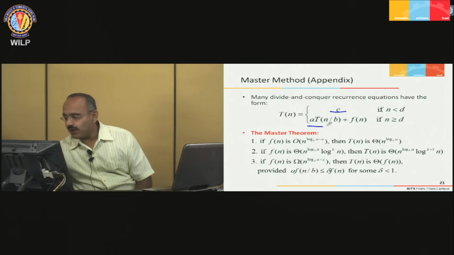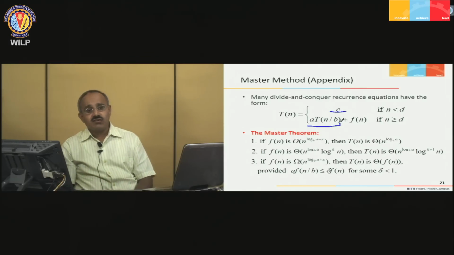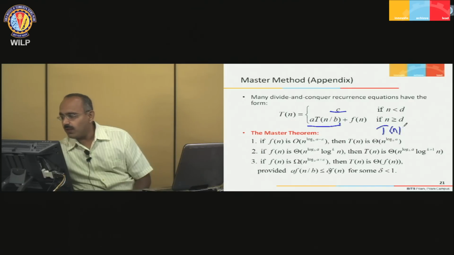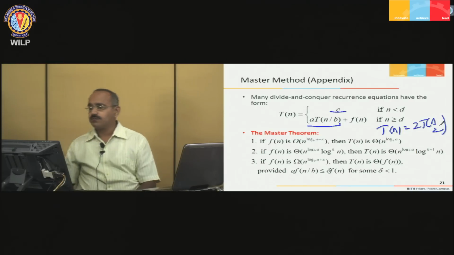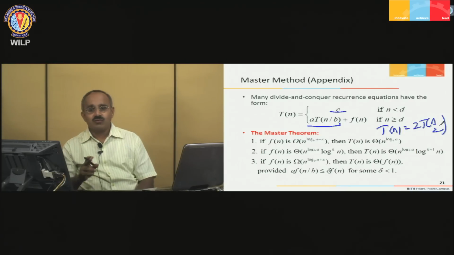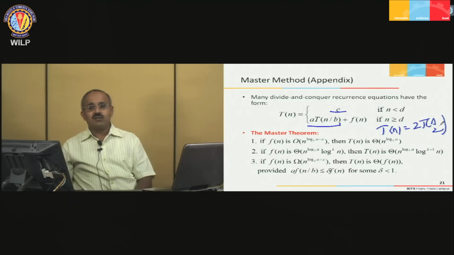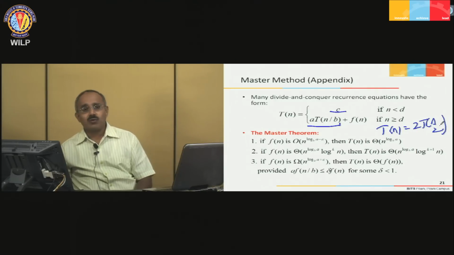This term comes from the fact that you have a subproblems. If you recollect, I can write T(n) as 2T(n/2). In this case, 2 was the number of subproblems and n/2 was the size of the subproblems. In general, you can have a subproblems, each of size n/b.